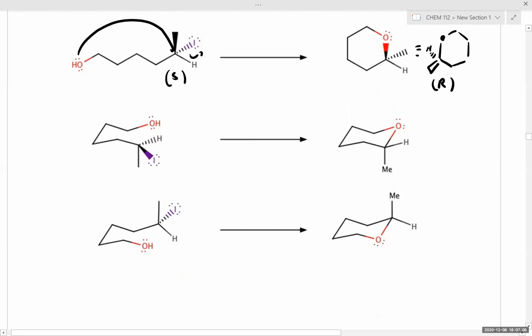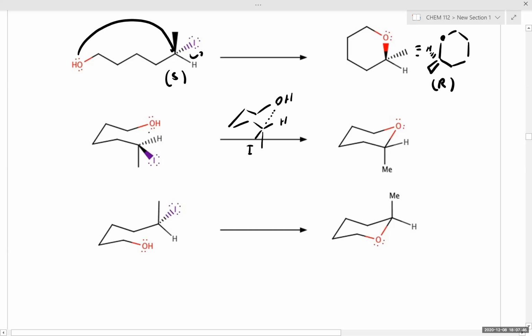The other thing that I'd like you to note when visualizing these intramolecular reactions is that you want to make sure that your nucleophile is appropriately lined up for displacement. So do we notice in both of these reactions, the way that this chair conformation is drawn for this intramolecular reaction, that we have our nucleophile directly attacking opposite to our leaving group?